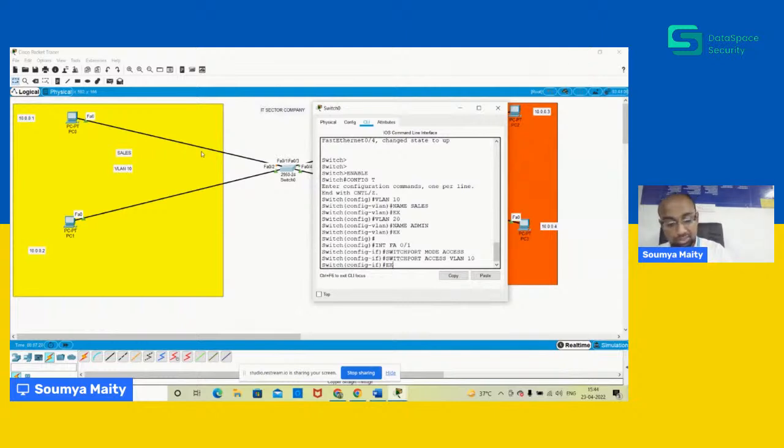Okay, then exit. Then go to another interface, FA0/2.